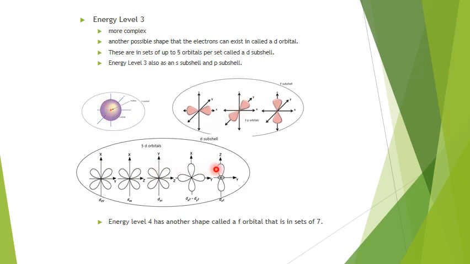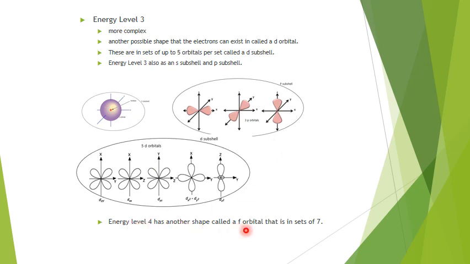Just know that if a d subshell has 5 orbitals, a p subshell has 3 orbitals, and an s subshell has 1. Now if you count them up, you've got 1, 2, 3, 4, 5, 6, 7, 8, 9. All right, and you can put 2 electrons in each one of these. 2 times 9 is 18. And how many electrons did we just say could go in energy level 3? 18.